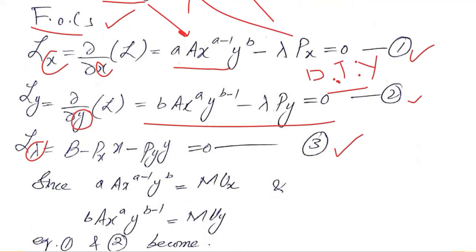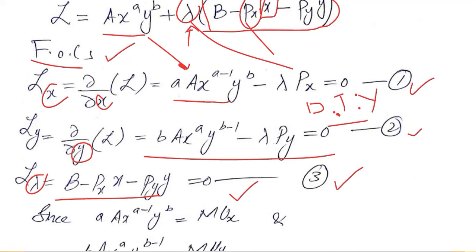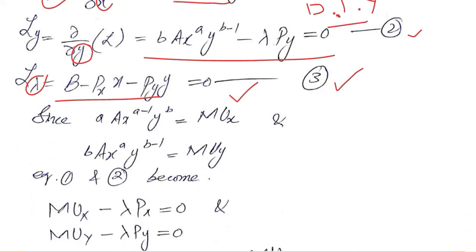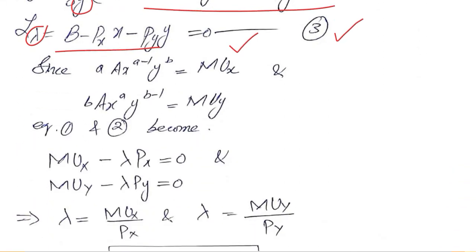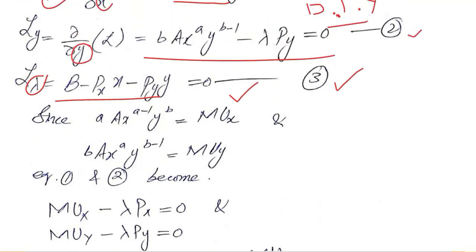And then we have lambda. This is the budget constraint that we are talking about. This will be the answer if we take the derivative with respect to lambda of the Lagrangian function at the top of the screen.